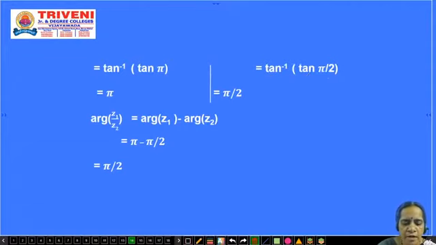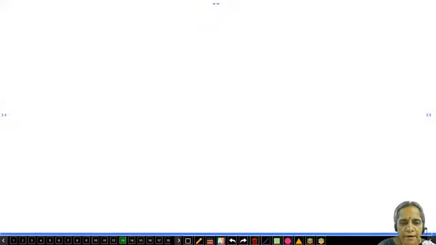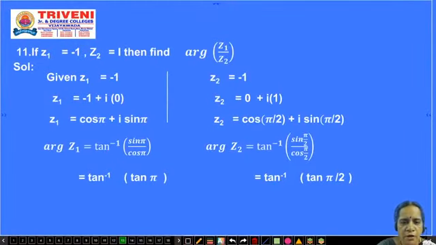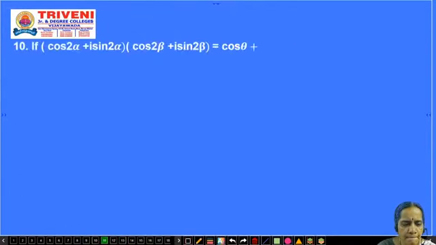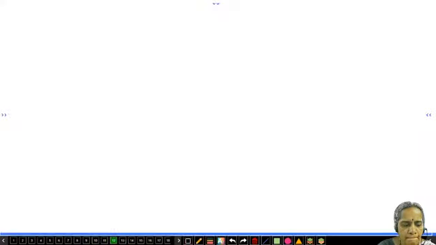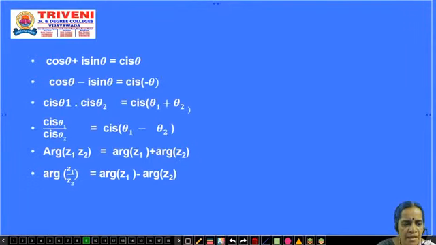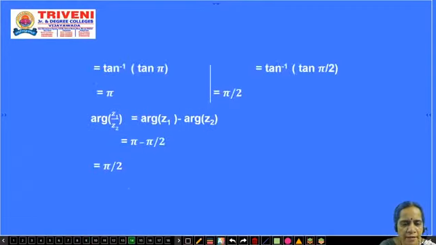Then what we have to find here? Arg of z1 by z2. What is the formula here? The formula of arg of z1 by z2 is equal to arg of z1 minus arg of z2.